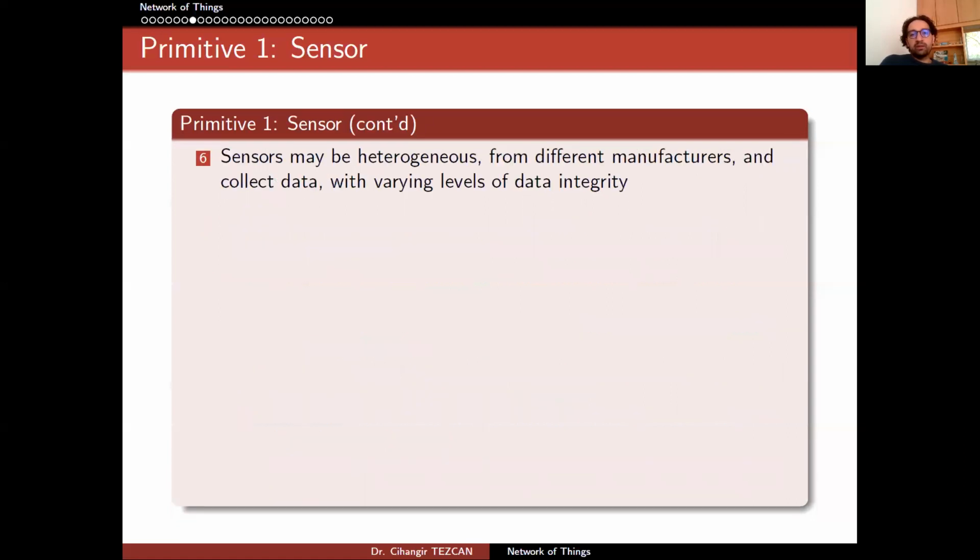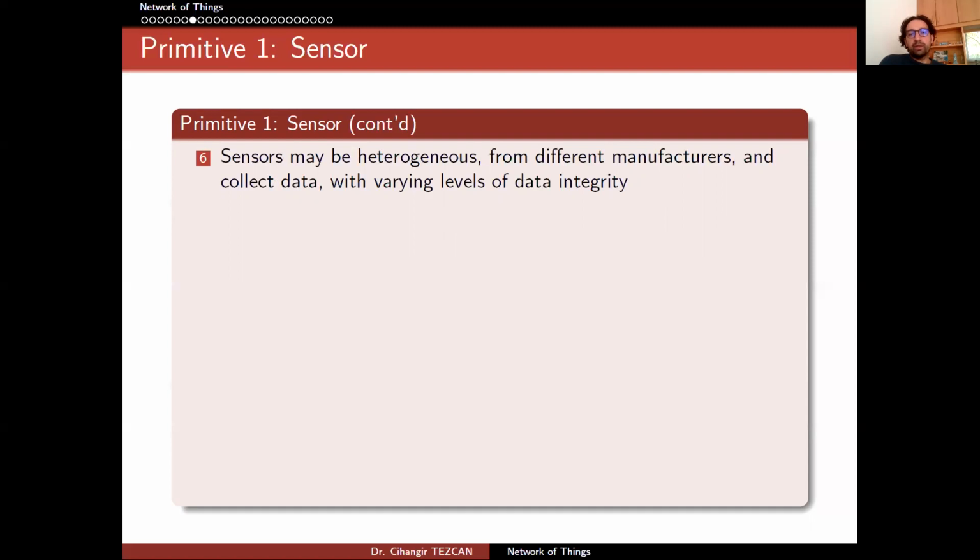Sensors may be heterogeneous from different manufacturers and collect data with varying levels of integrity. So this is also a problem when you're creating your network of things, because even if you try to buy the same device or same sensor a few years later, you will realize that the technology has advanced and the device you were using is no longer produced, but you can get something better in terms of computational power and so on.